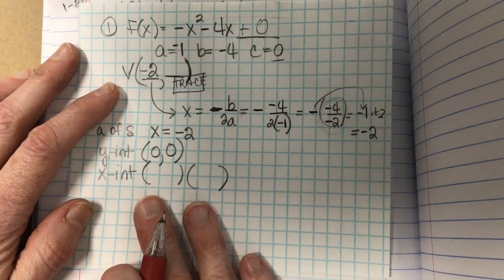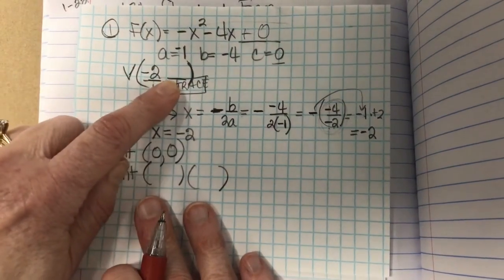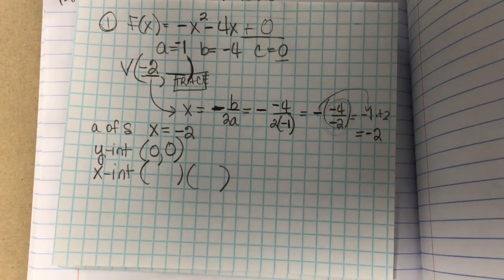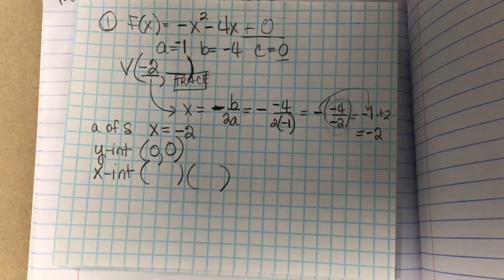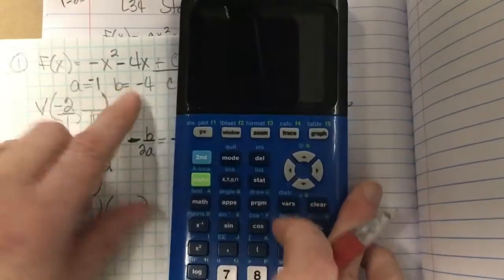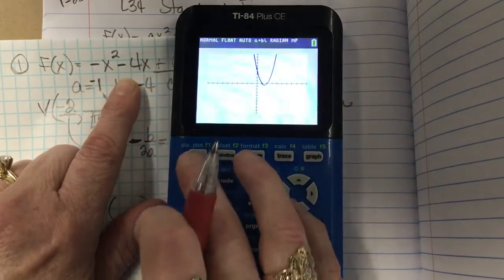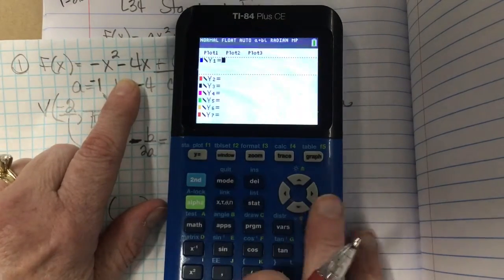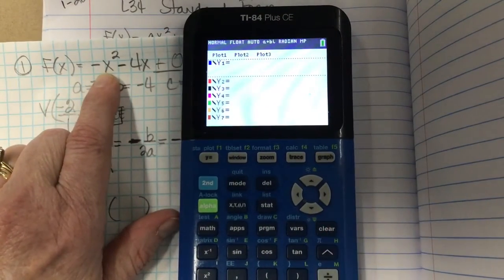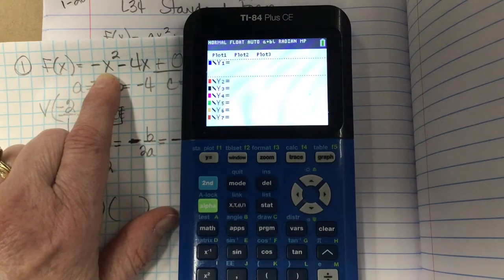Now, with all the information, we still can't do anything until we know what our vertex is. So let's go to our calculator. And let's type this lovely y equals equation. Okay. Negative, pay attention to negatives and minuses.